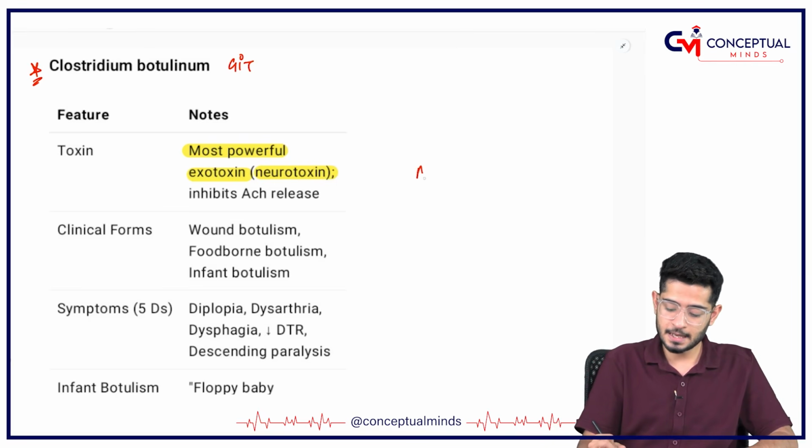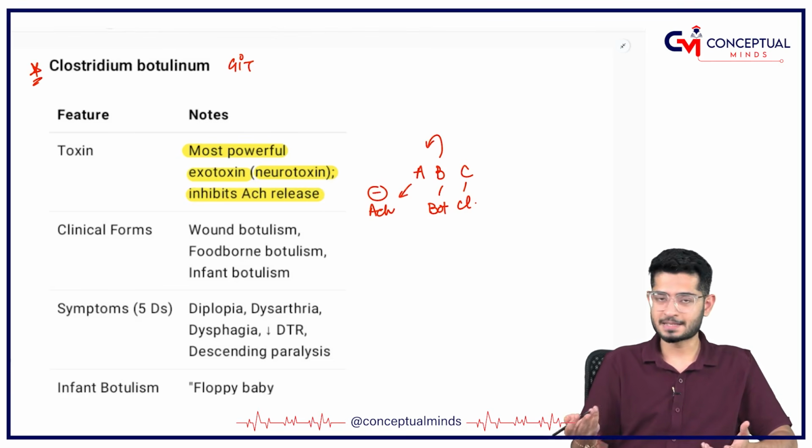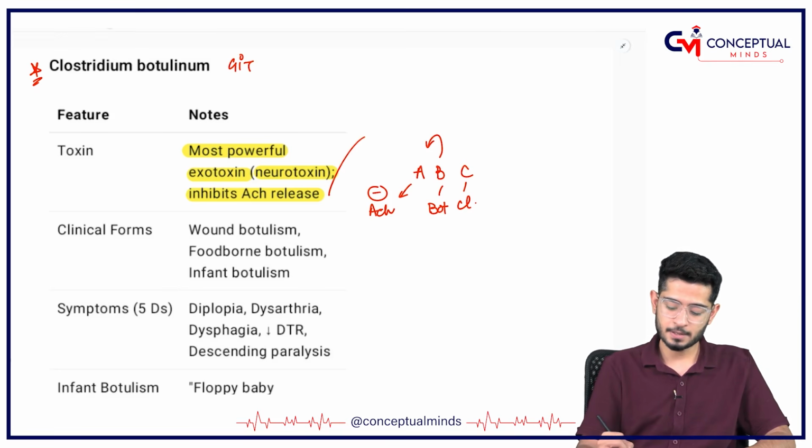The mnemonic is ABC: it inhibits the release of acetylcholine. If acetylcholine is not released, the muscle cannot function, so there will be muscle paralysis.